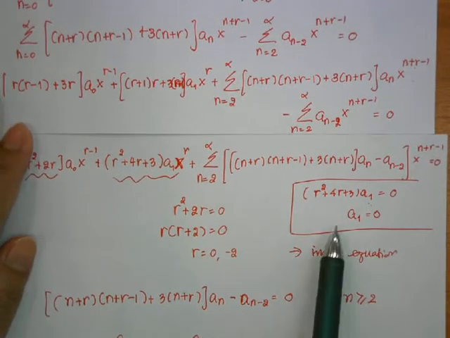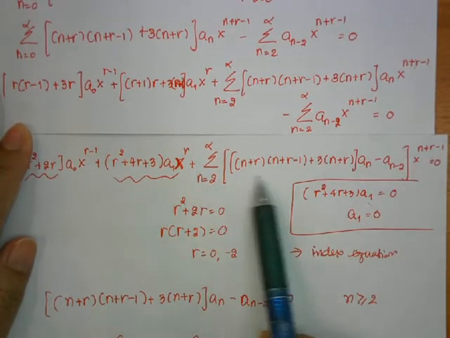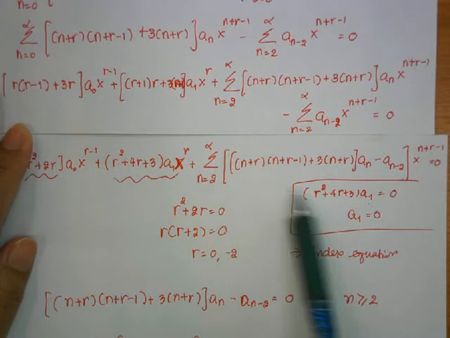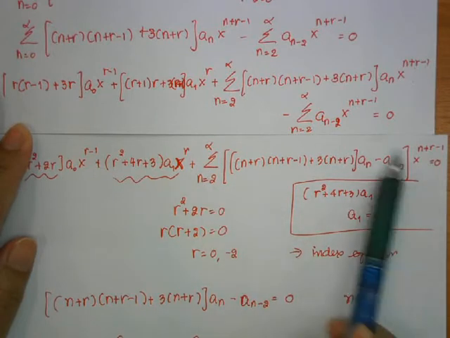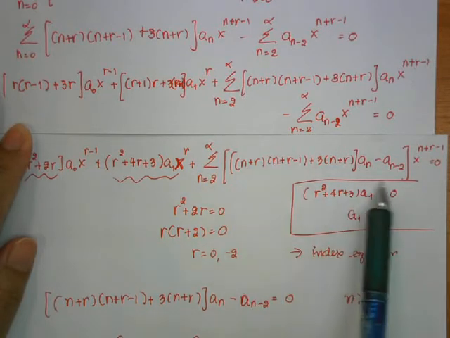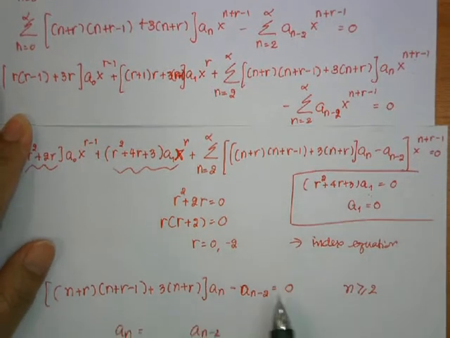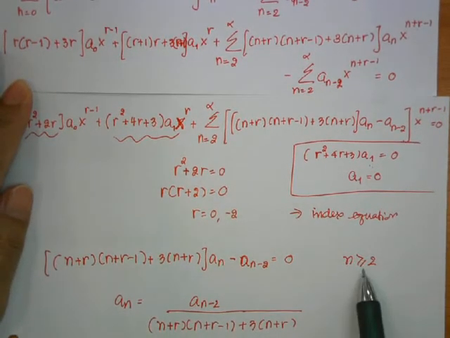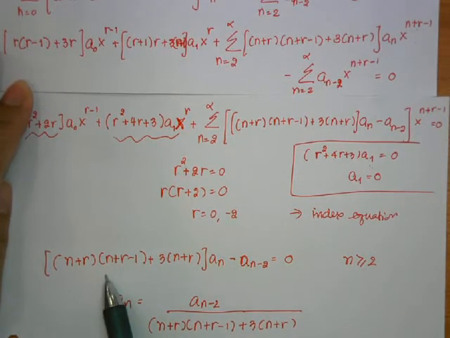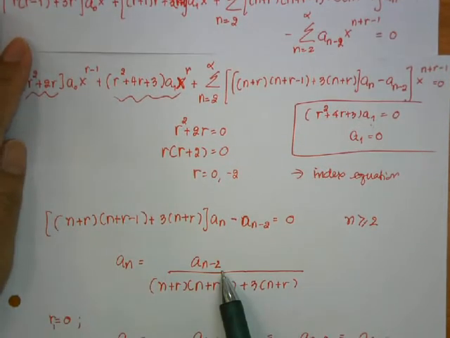Now, the terms here give us the recurrence relation. If you set the term inside the parenthesis here equal to 0, where n is equal to or greater than 2, this is our recurrence relation. So we would get the relationship between an and an minus 2.